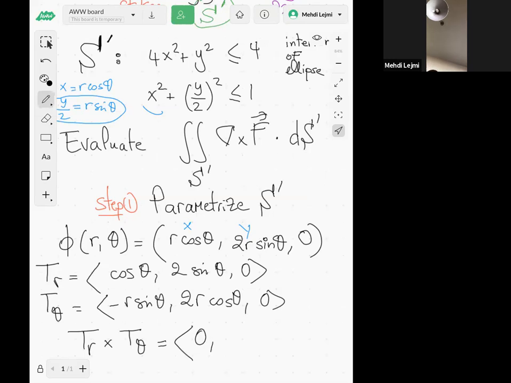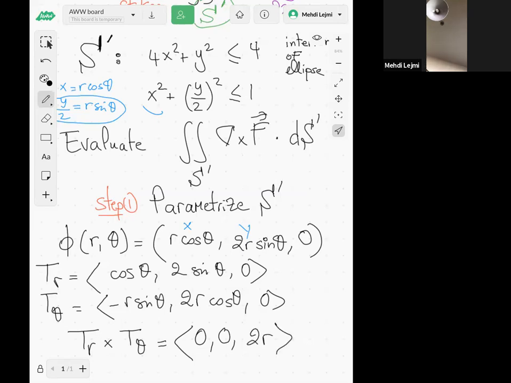And it's also 0 here. Then the last component is 2r cosine squared plus 2r sine squared, so it's going to be 2r.